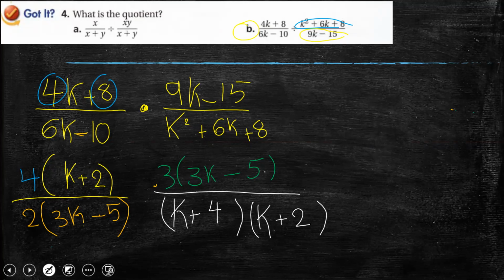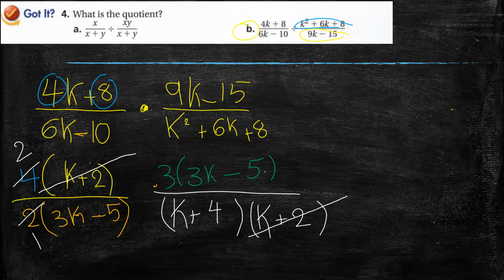After I factorize, I need to simplify. Now look at k plus 2. Is there k plus 2 down there? Yes. Now 4, can I cancel it with anyone? No. Look at 2 here. Yes, 2, divide by 2.